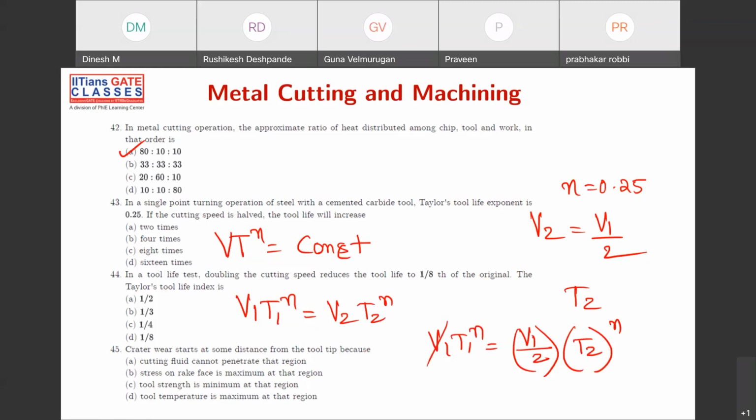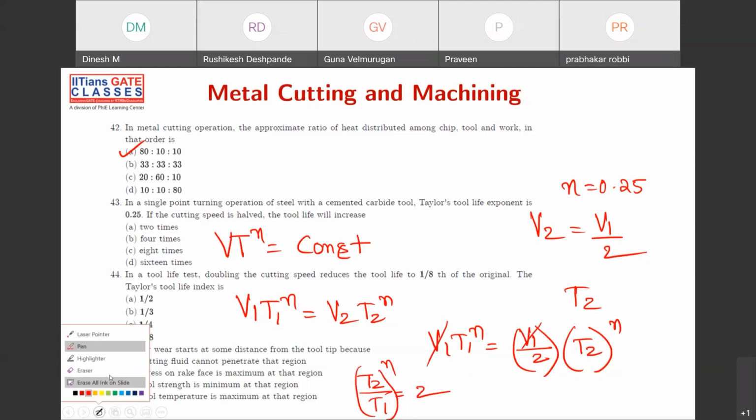And this V gets cancelled, and I can write T2 by T1. It's good to write T2 by T1. Then I can write T2 by T1 to the power of n is equal to 2. Right?